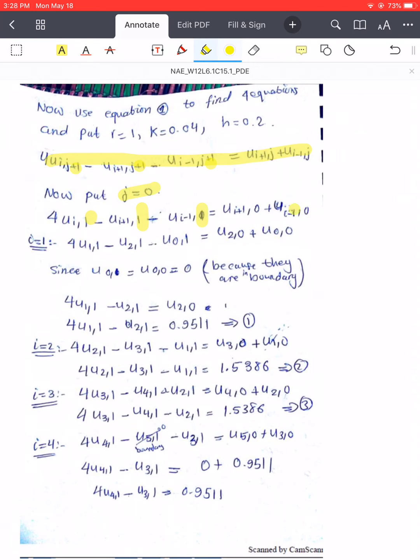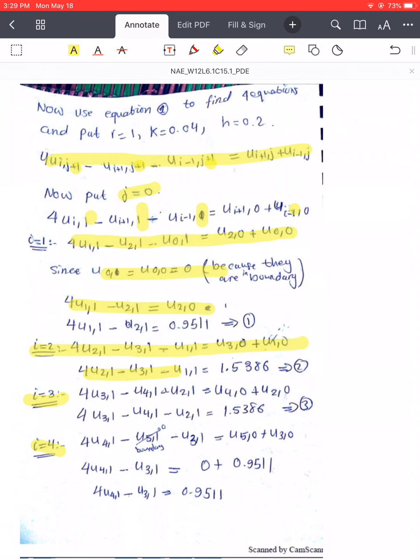So here when you put i equal to 1, we got this, the first equation. This boundary value is known, no problem. So we get this equation. If you put i equal to 2, we get this equation. Rearrange it like this. If you put i equal to 3, i equal to 4, it means we found 4 equations with 4 unknowns, we can solve the problem.